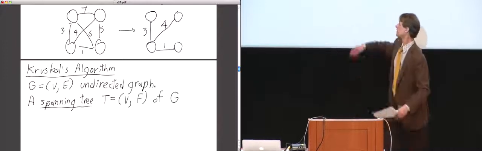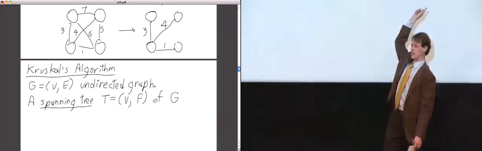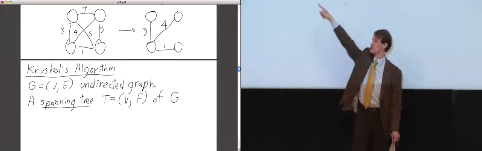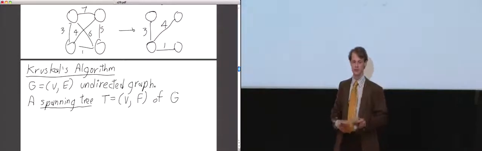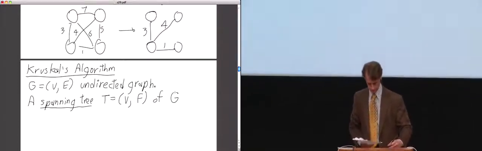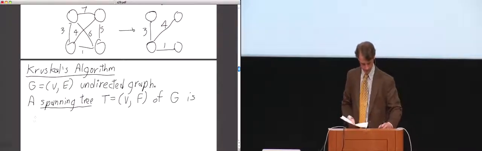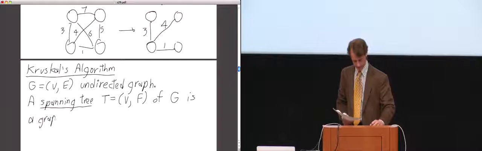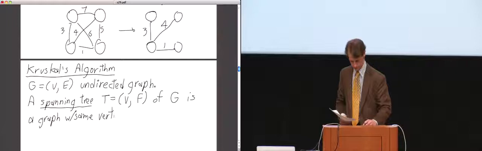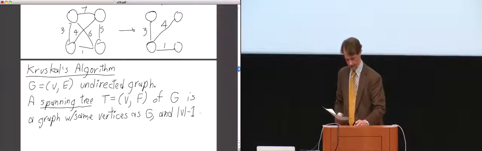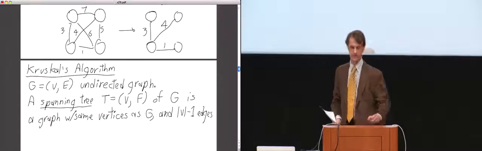So I'm going to create a spanning tree of G, and I will call that new graph T, and it has the same vertices as G, but a different set of edges, which we'll call F. And what is it? It's a graph, again, with the same vertices as G. And it also has V minus 1 edges, because that's what a tree always has.